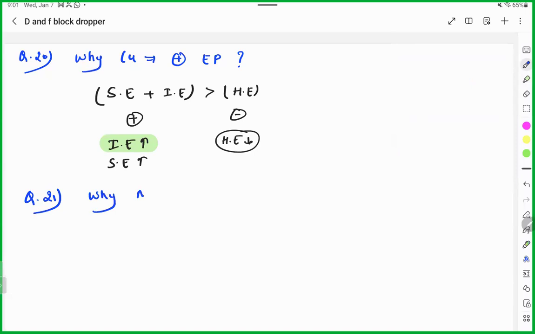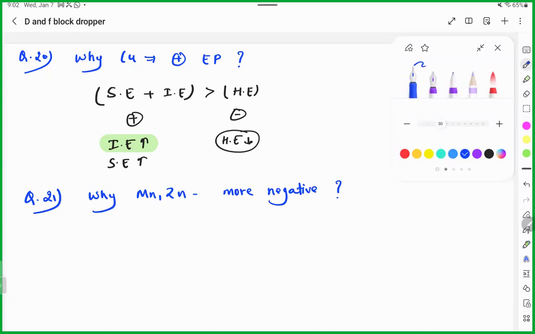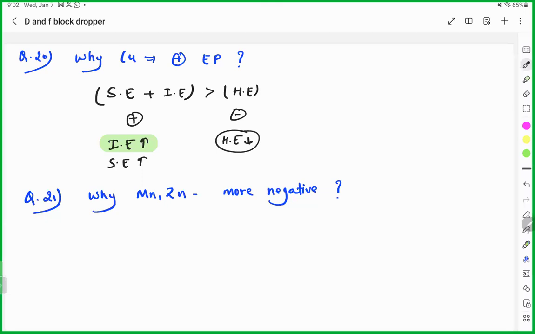Why, in case of manganese or zinc, is it more negative? Because zinc and manganese can oxidize easily, right? So Zn2+ is attainable.